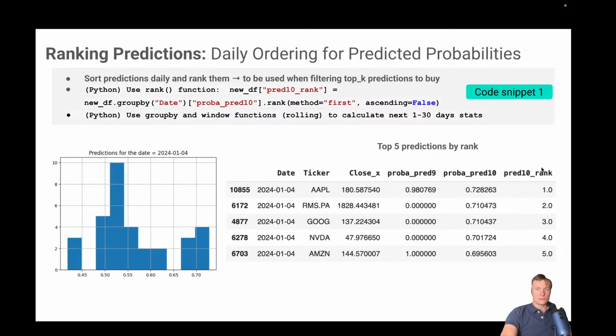So we're using predictor number 10, and it is predictor 10 underscore rank. And you can see here that they are all ranked decreasing. So 0.72 is the maximum prediction for that date, and rank number 5 is 0.769.